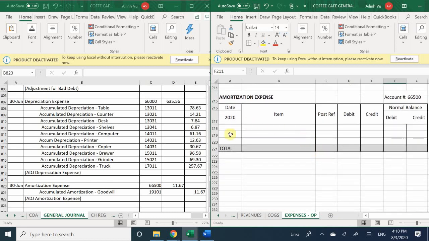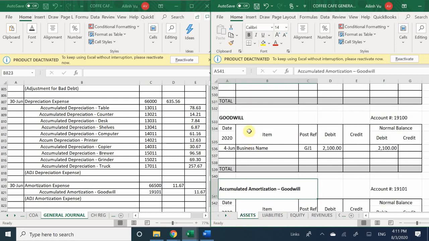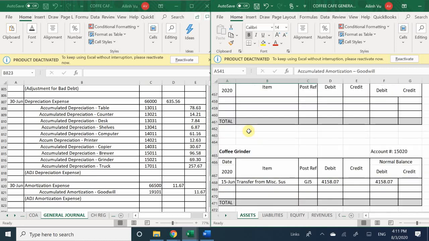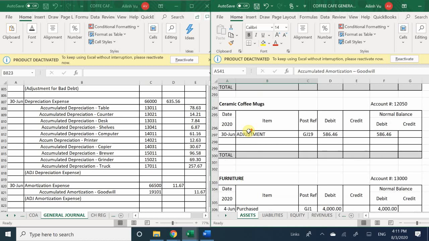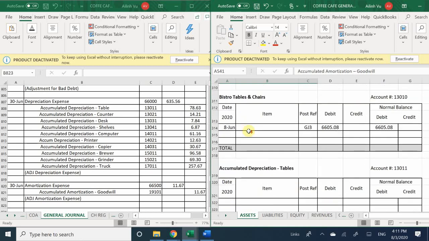Since I'm already down here, I'm going to do my amortization for my goodwill. General Journal 20 for $11.67. All right, and now I'm going to go to my assets. Each account under each asset has an accumulated depreciation right underneath it.